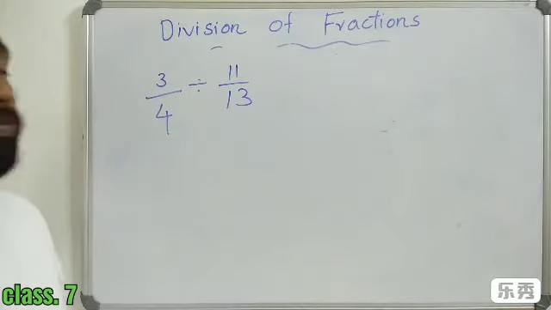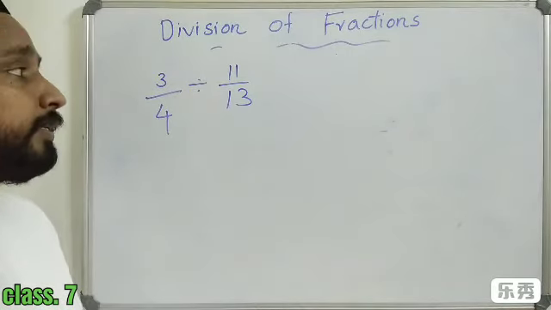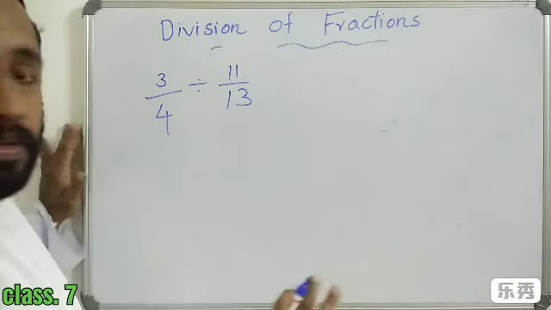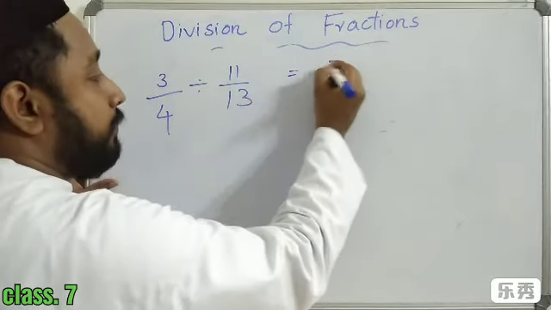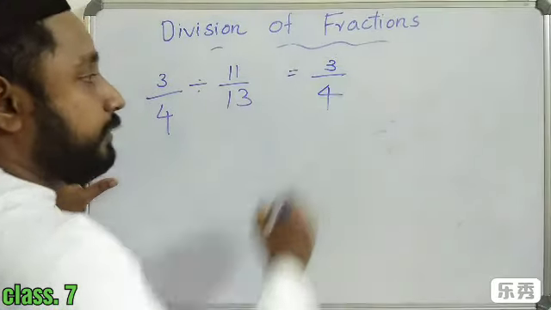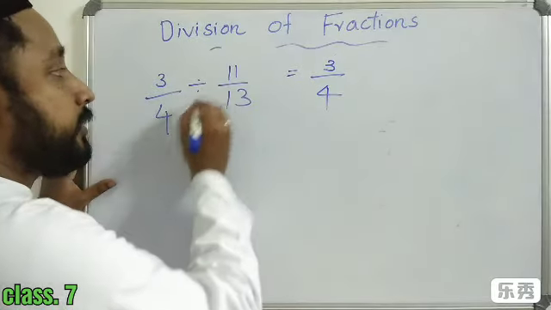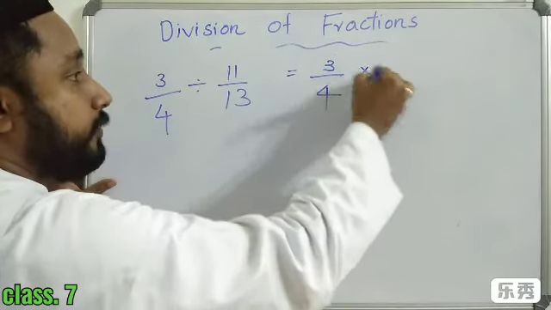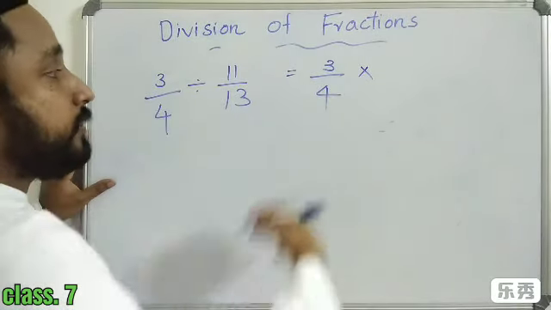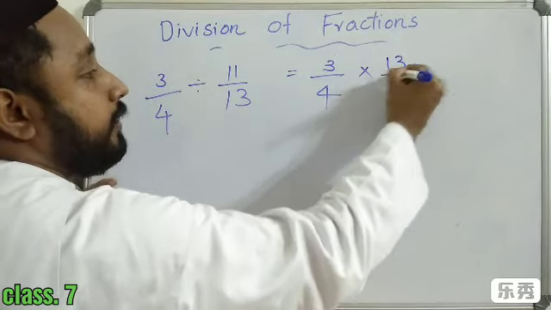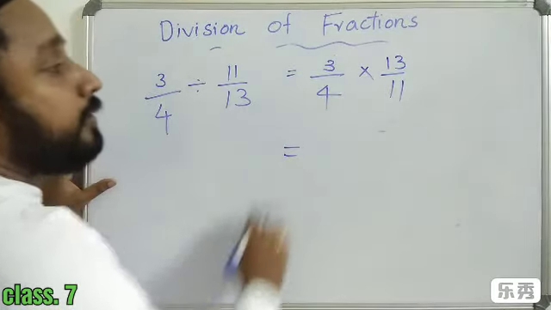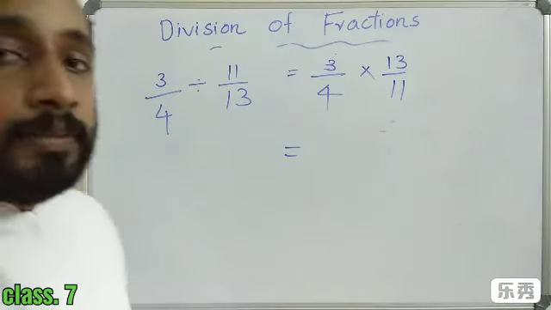How do you divide 3 by 4 by 11 by 13? Two fractions. So 3 by 4, we change this division into multiplication and use the reciprocal of the next one, that is 13 by 11, which is equal to 3 by 4 into 13 by 11.